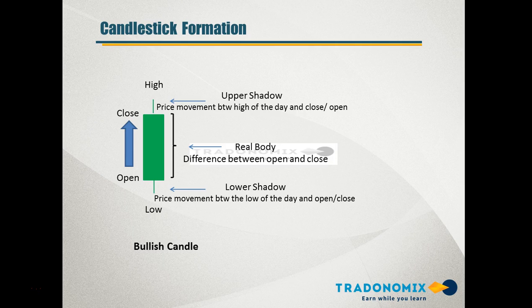The candle displayed on my screen is a green candle, which we call a bullish candle, primarily because the price has started low and moved to a higher price, and hence it has moved upwards. This candle is called a bullish candle, and you can see that it has a lower shadow and an upper shadow.